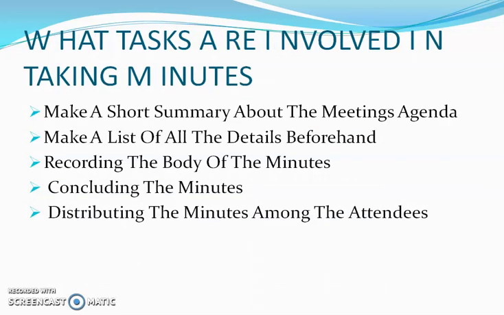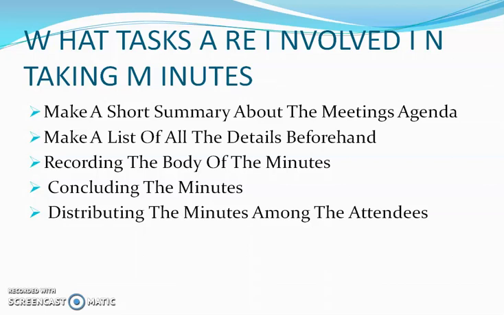In this slide, you can see the tasks that are involved in taking minutes. First of all, make a short summary about the minutes agenda, because agenda is very important, because in the agenda you plan the important points you are going to discuss in the meeting.